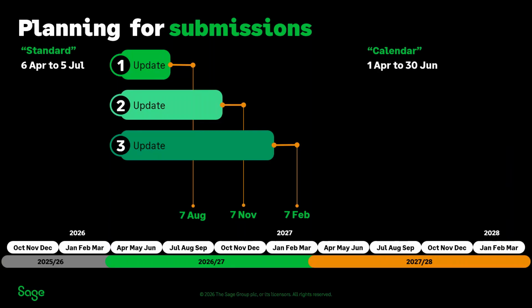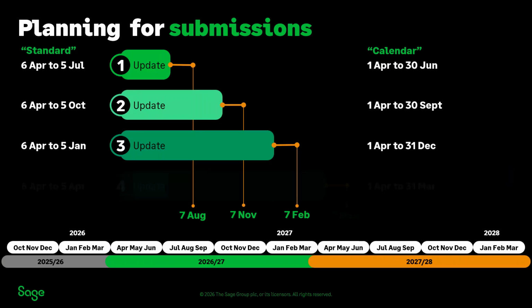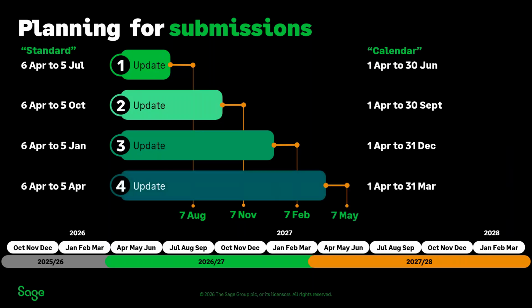So as you go through, each quarter you will need to submit. You've got update 1, update 2, update 3, and then you'll finally have update 4. Each of your updates will be submitted by the 7th of August, the 7th of November, the 7th of February and then the 7th of May being the final one.